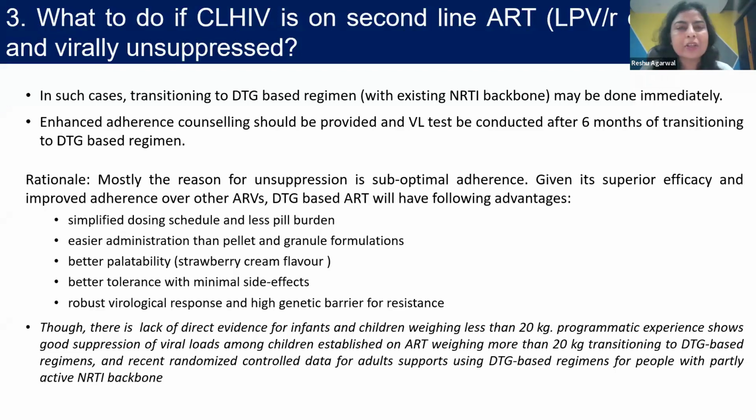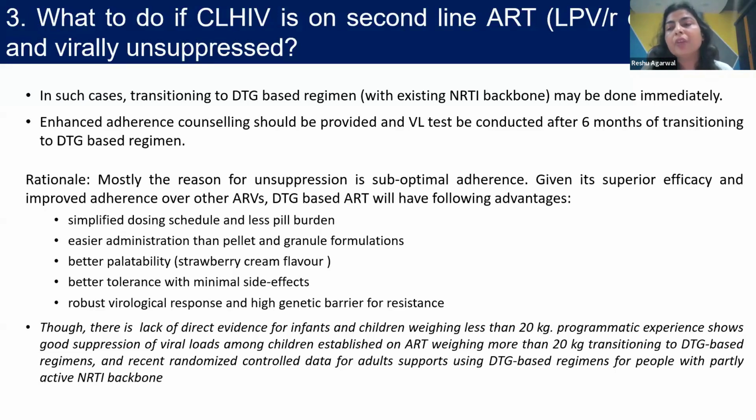Now, it is also being asked, what is the rationale of continuing the existing NRTI backbone with DTG? Obviously for the pediatric ARVs, the options are very limited. And in most of the cases, when we talk about unsuppressed viral load, the reason is suboptimal adherence.